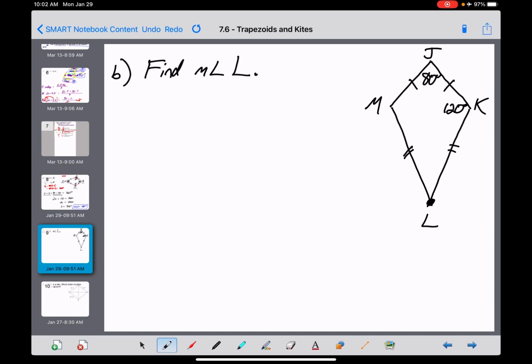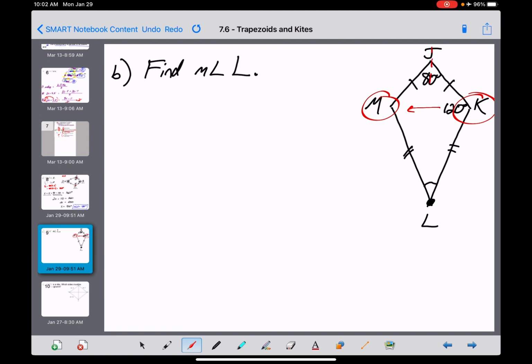Okay, so we are interested here, guys, in knowing the measure of angle L right over here. So it's going to be the exact same problem and basically the same property. This one just presents a little differently. We've got one pair of opposite angles here that have to be congruent. So either the 80 would come straight down right here and these two angles would be congruent, which I don't feel real good about, or it goes across right here, and these two angles would have to be congruent.